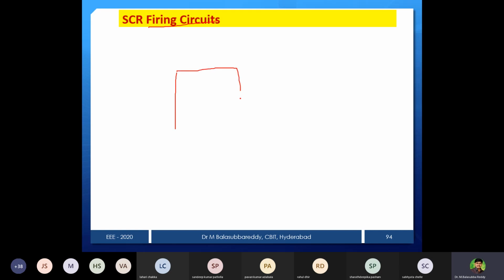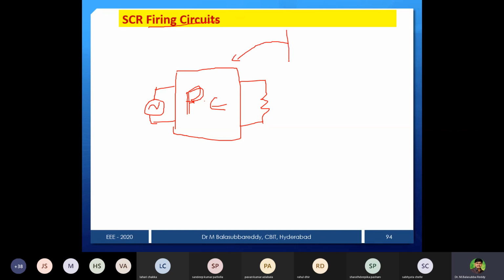The normal circuit is a power circuit. Let it be one power circuit, with a source, some AC supply. And if I connect some half wave rectifier or full wave rectifier or anything, then you can connect to the load. It may be an R load or RL load or anything. This is the normal power circuit, a power electronic circuit. And to fire the device, an additional circuit is required.